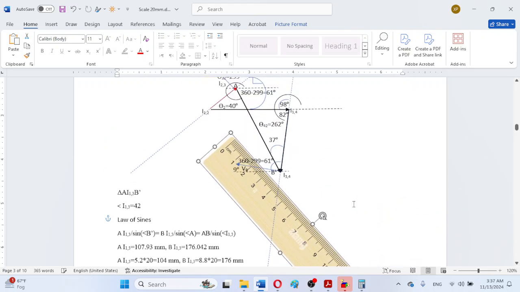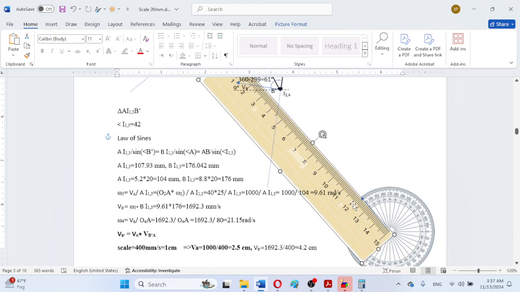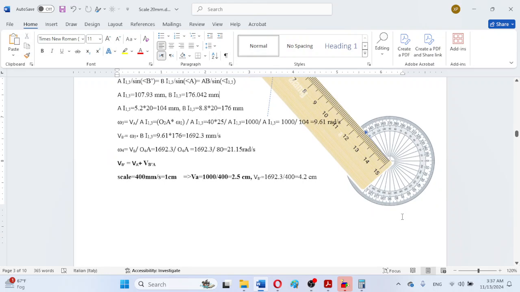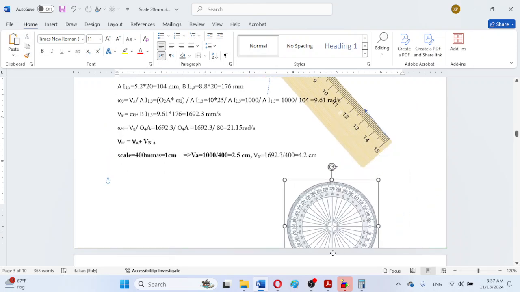So like this, as we can observe, the velocity according to scale is 2.5. So here this is 1 centimeter, this is 2, and here is just 2.5. So this is nearly equal to 2.5. In this way the VA vector has been drawn.